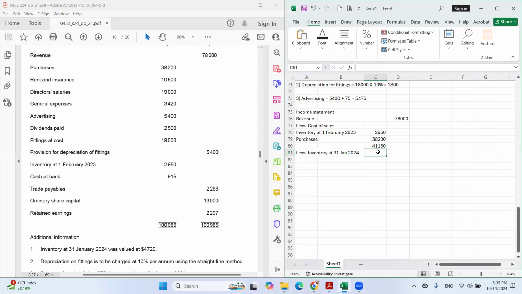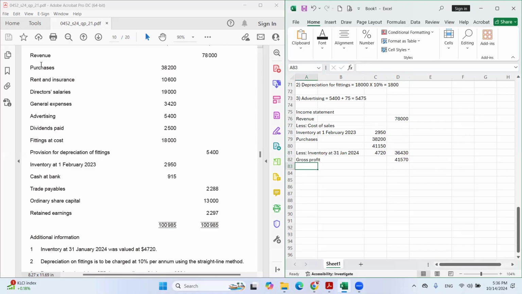So the amount is 4,720. This is a minus. So you take this minus this. This is your cost of sales. Take your revenue minus cost of sales. Get your gross profit. Write the words gross profit.